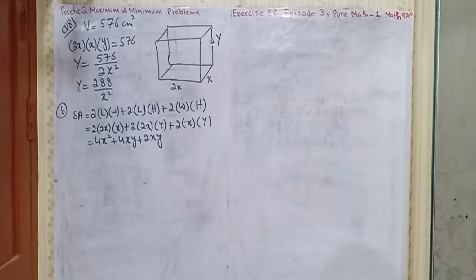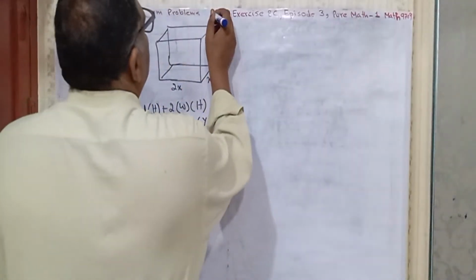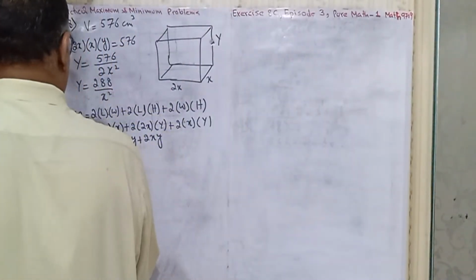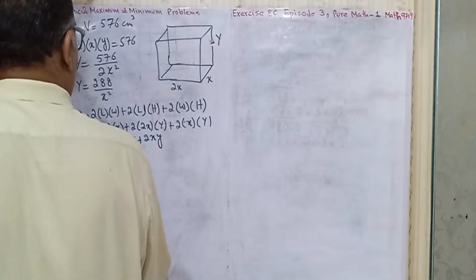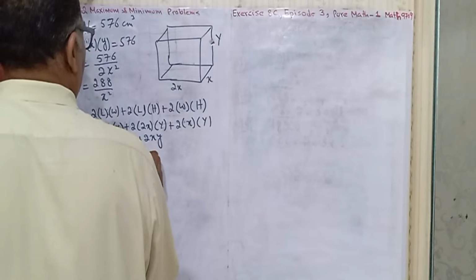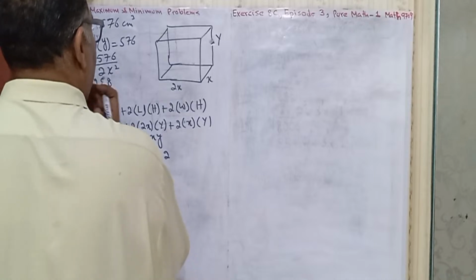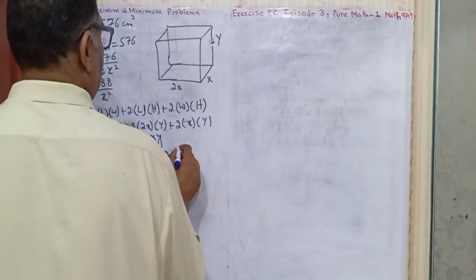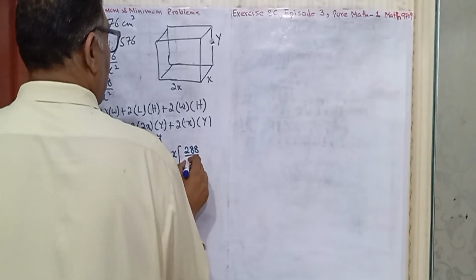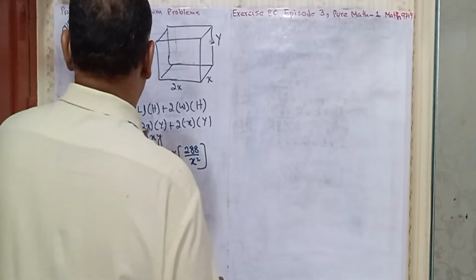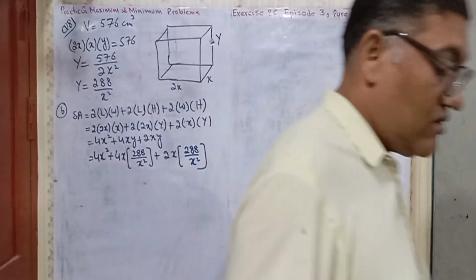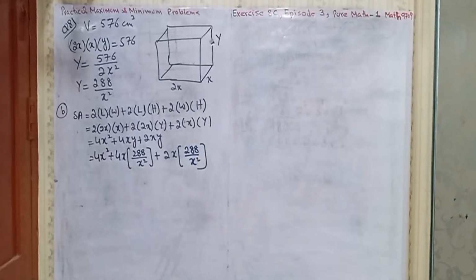So you will have 4x square plus 4x into 288 divided by x square plus 2x into y, which is 288 divided by x square. We could have simplified this first, but I am not. No problem. 4 multiplied by 288 is 1152.